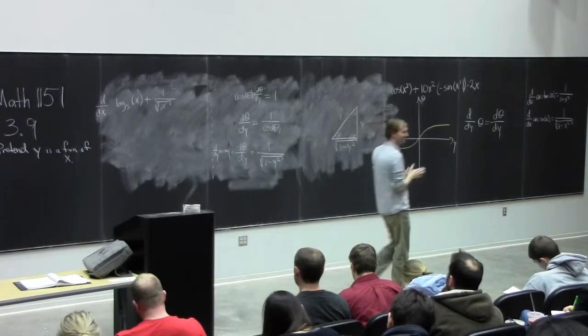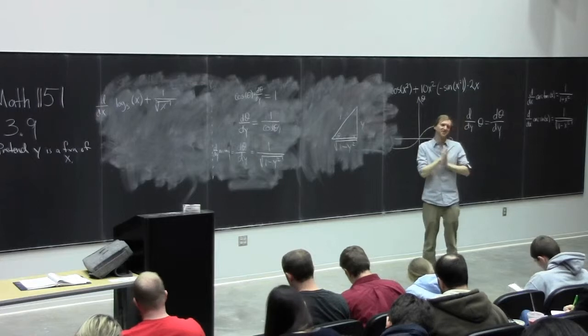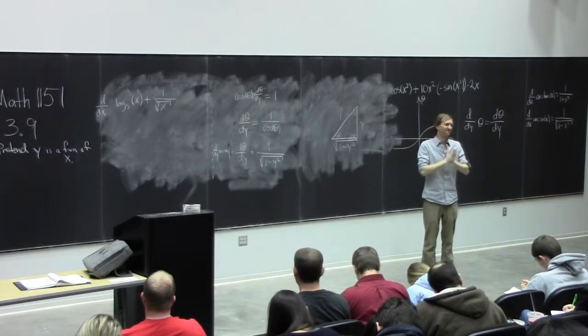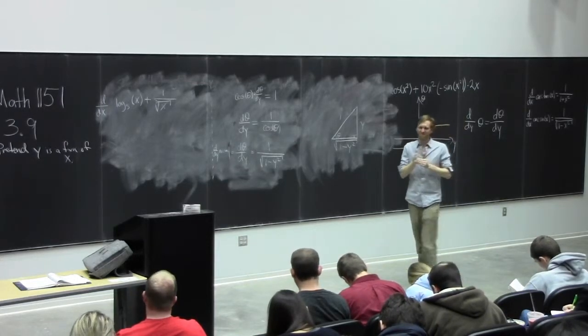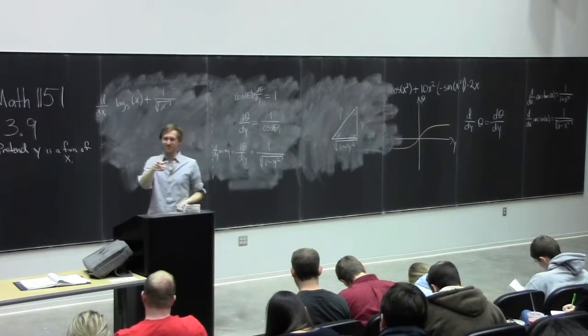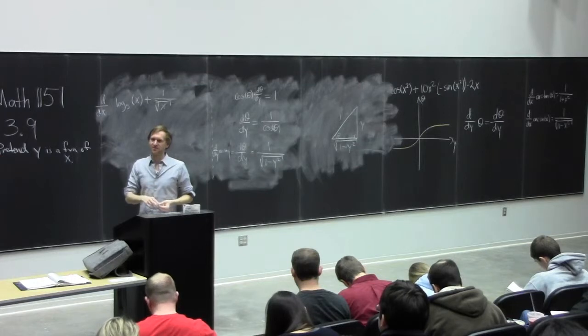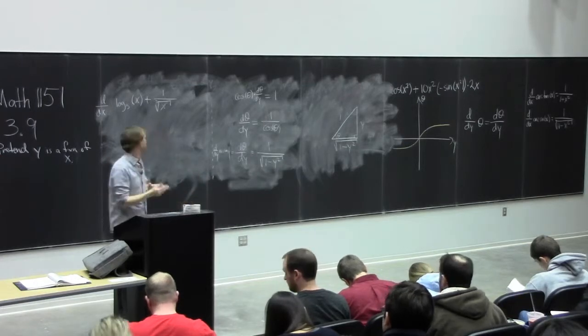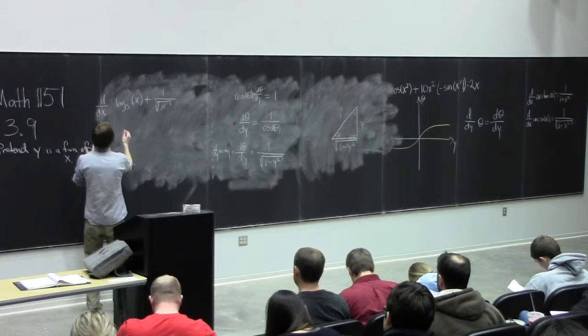What do we do here? Does anybody know what to do with that log base 5? Well, natural log of x over natural log of 5. So you rewrite this. This has a trick to it.